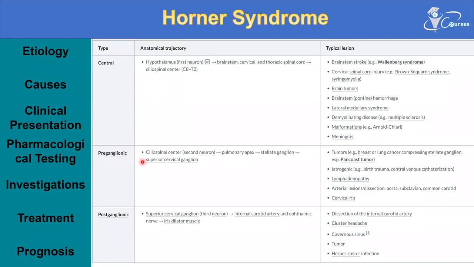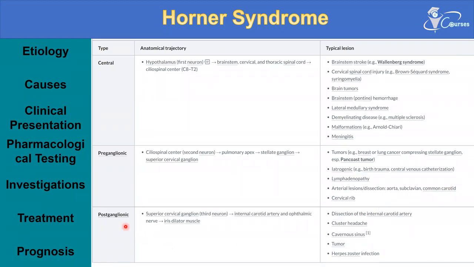If there is a lesion involving the preganglionic fibers, which start from the ciliospinal center of Budge and pass over the lung apex to the stellate ganglion or the superior cervical ganglion, any lesion involving this pathway will result in preganglionic Horner syndrome, such as tumors involving the lung apex like Pancoast tumor, or iatrogenic causes such as birth trauma or central venous catheterization, enlarged lymph nodes in the neck such as lymphadenopathy, and arterial dissection or aneurysm such as internal carotid artery aneurysm and common carotid artery aneurysm.